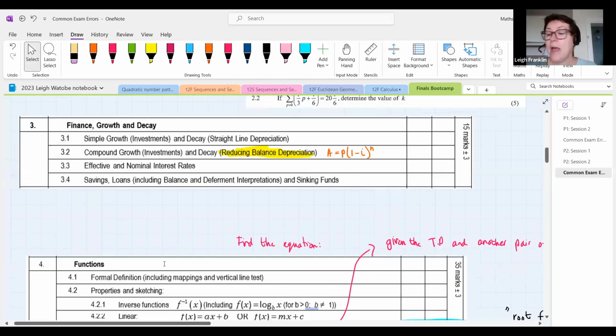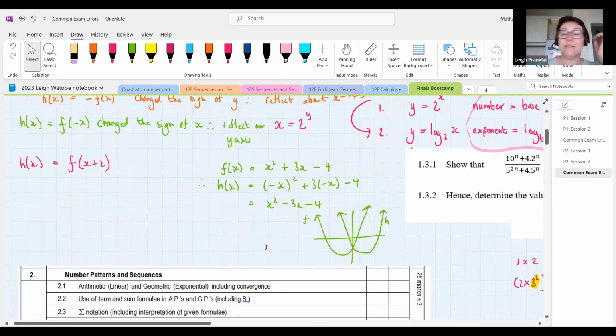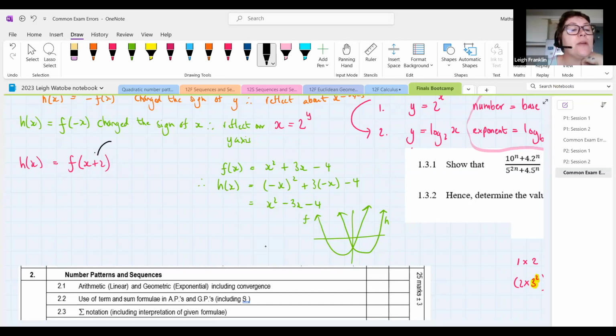Okay. And just in the last couple of minutes, if they want you to shift the graph left or right, they will add or subtract onto x like they are over here. If they want you to move something up or down, it will be a separate integer onto the end.